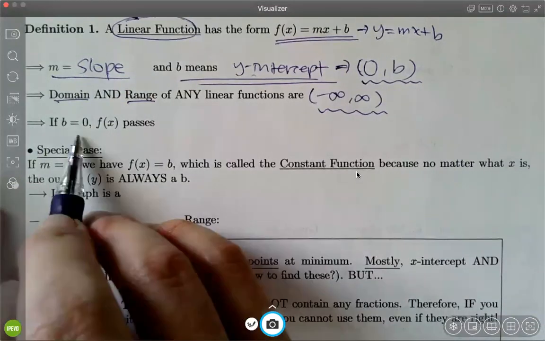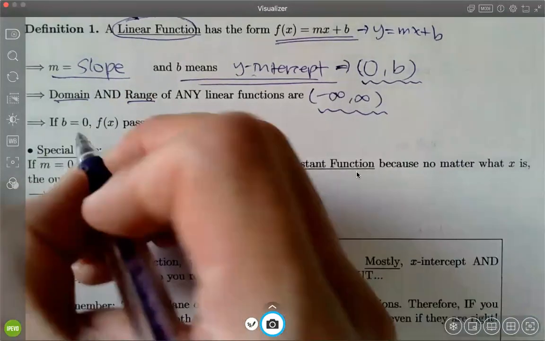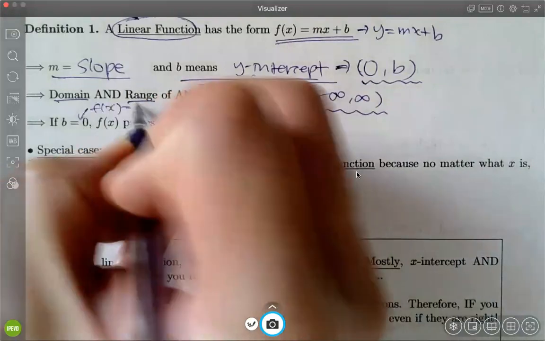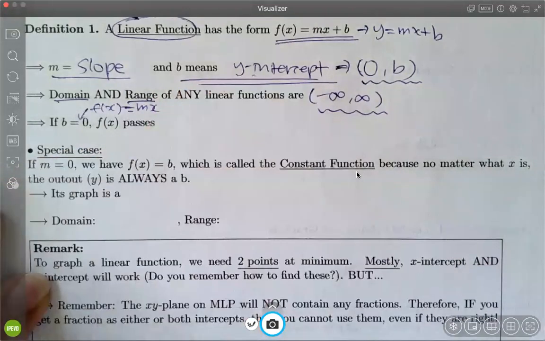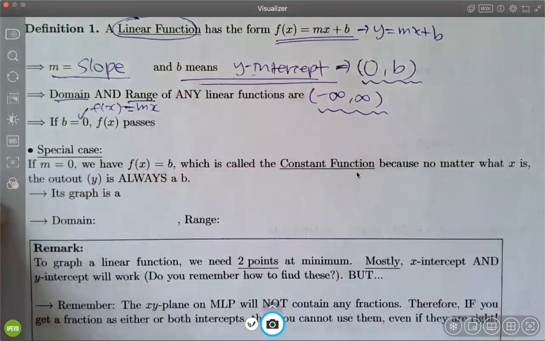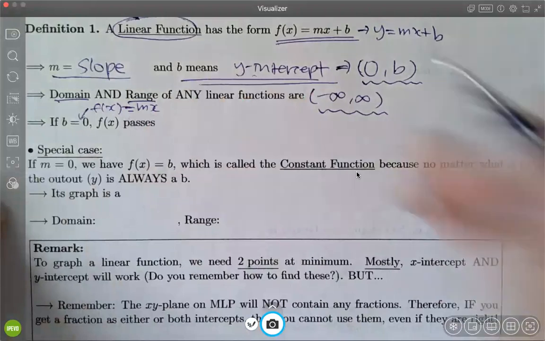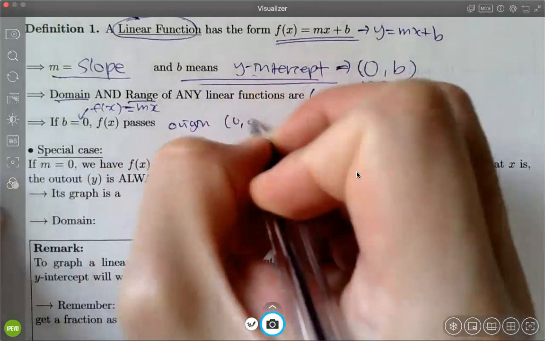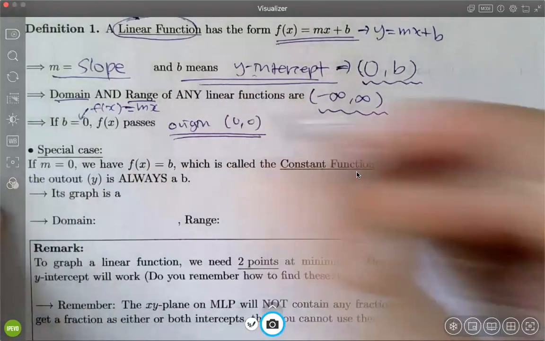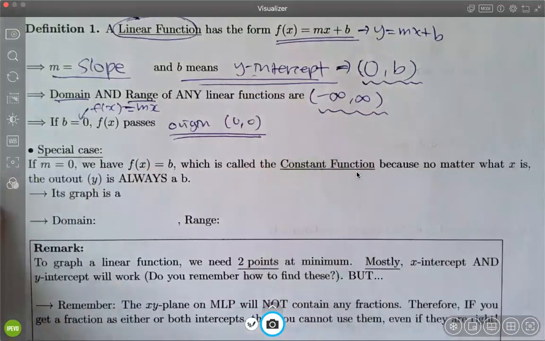If b is equal to 0, you just have f of x equals mx. This graph passes through a special point. What's the special point? The origin, (0, 0).